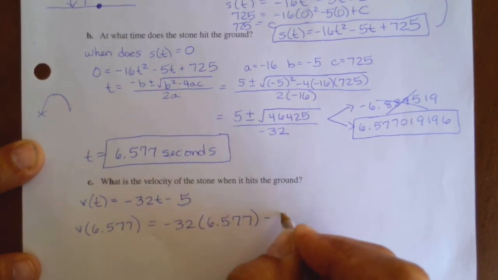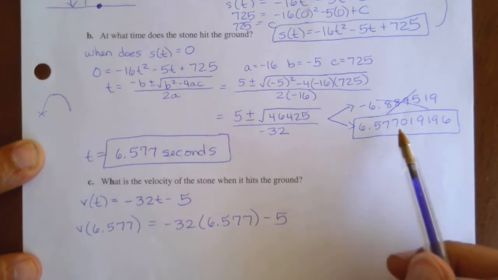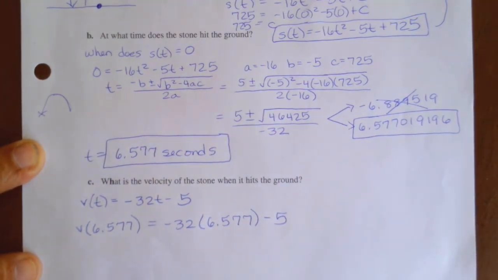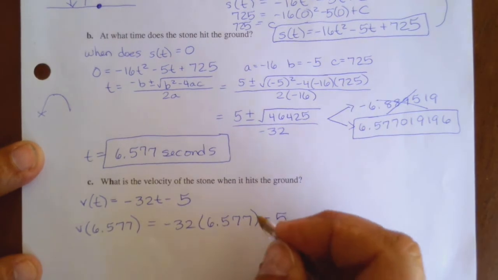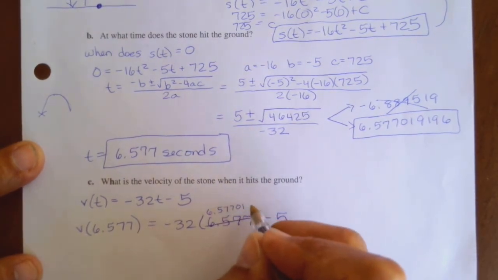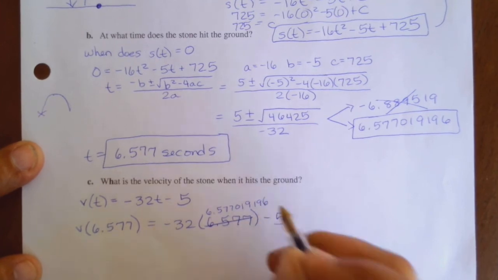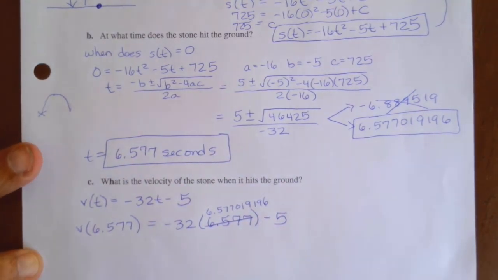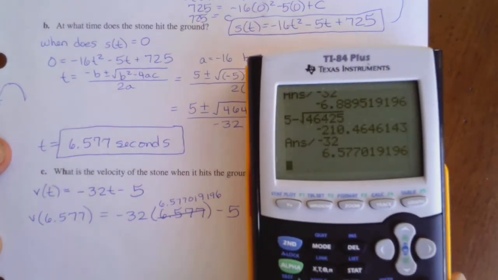And actually, if this is WebWorks, remember, use the whole thing. Okay? So I'm going to put 6.577019196 in my calculator, just because I want to make sure I'm getting the right numbers.